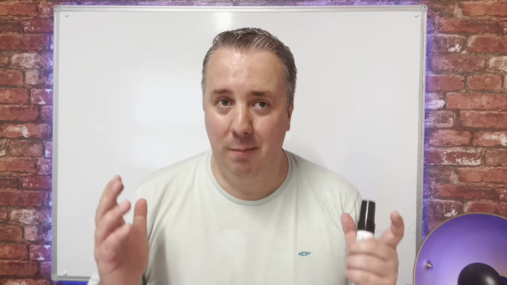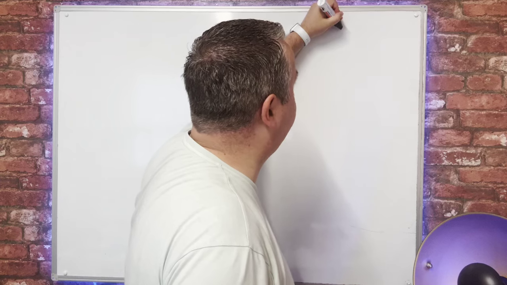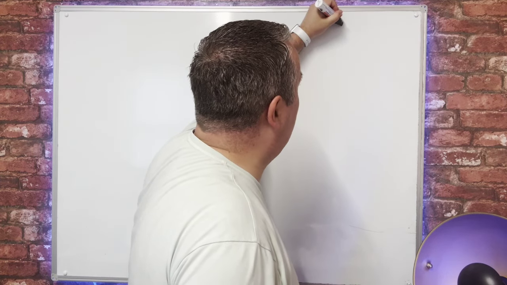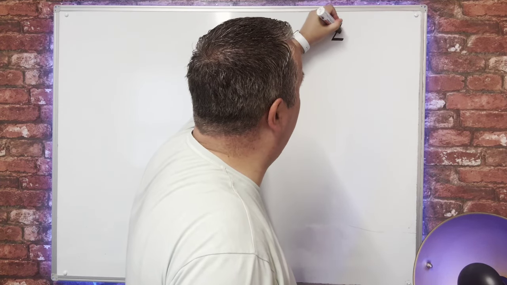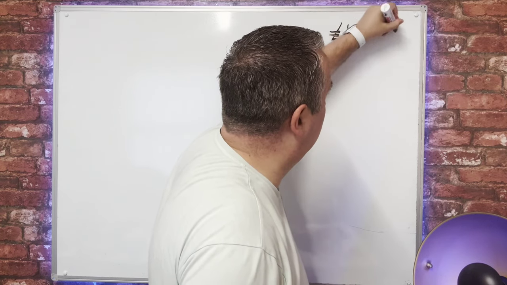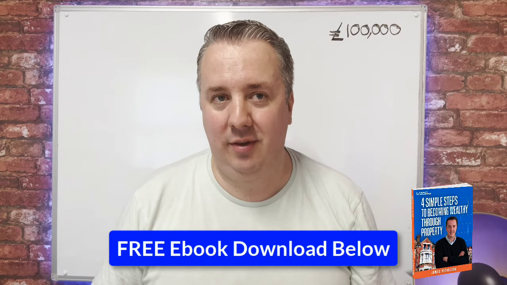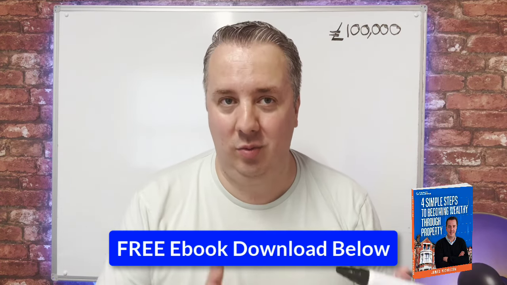So, property equity. How does it work? Well, let's just start with a fairly straightforward number. Let's just say you bought a £100,000 house as a buy-to-let property. Now, I'm just going to use easy numbers, and this won't be exactly precise, but it will make sense how this works.